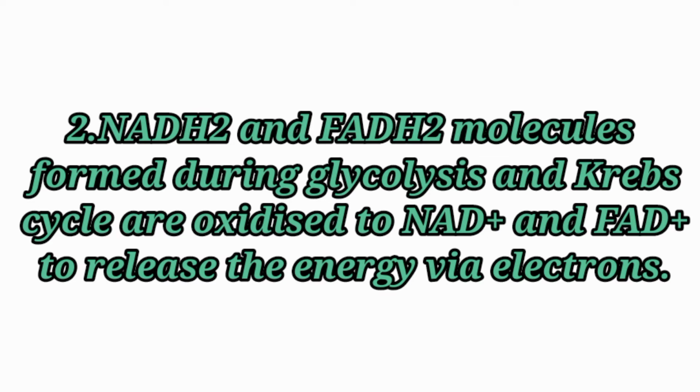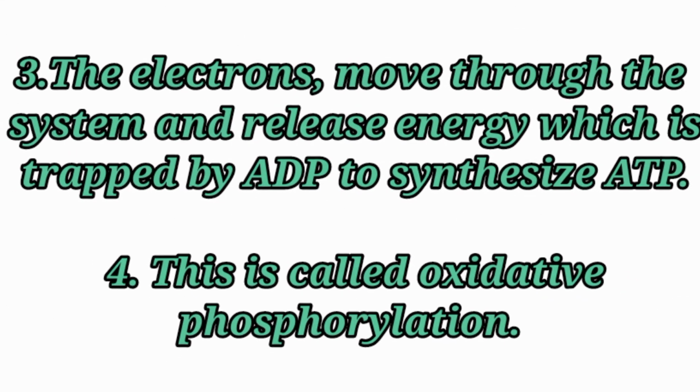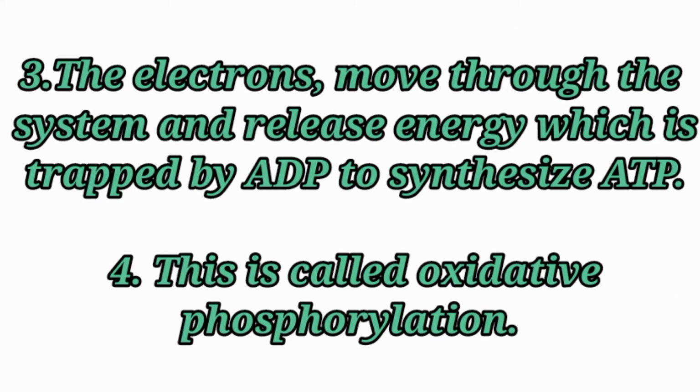the energy via electrons. The electrons move through the system and release energy which is trapped by ADP to synthesize ATP. This is called oxidative phosphorylation.